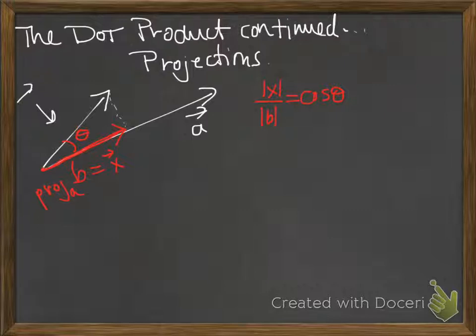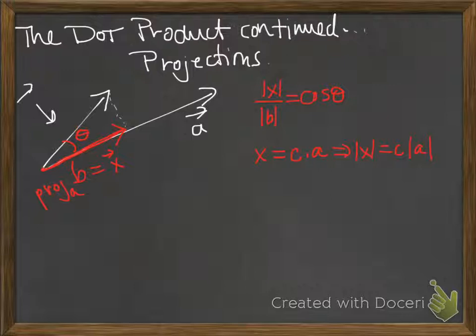Also, we notice that since X lies on A, X is just some scalar multiple of A. The way I've drawn it right now, it looks as if it's smaller than A, but it could actually be longer than A, and we'll draw some pictures to demonstrate that in a minute. But we do notice that X is some scalar multiple of A, which means the magnitude of X is equal to C times the magnitude of A.